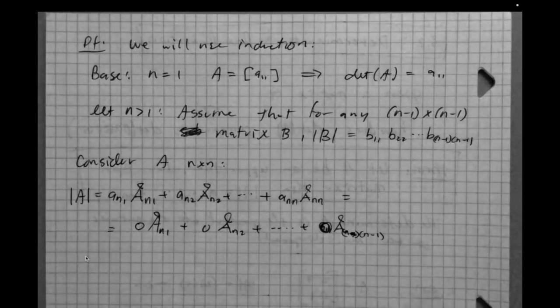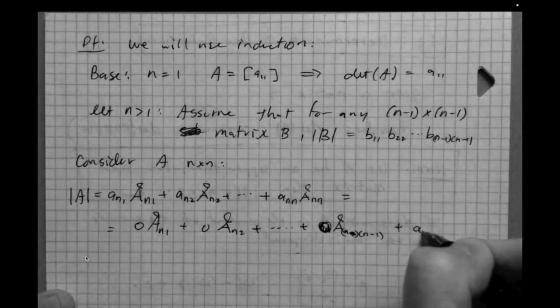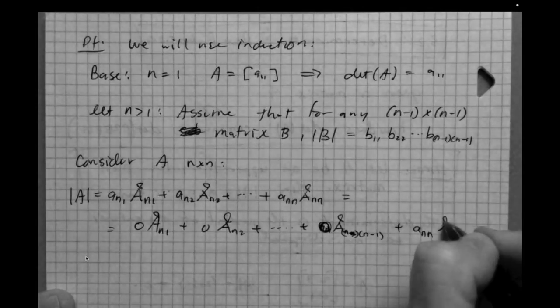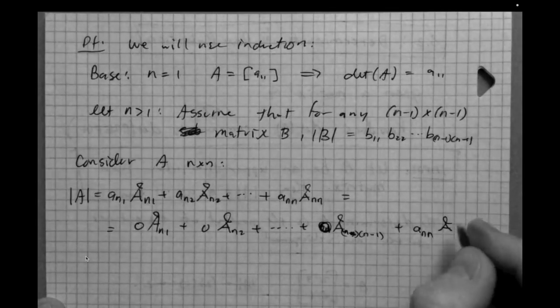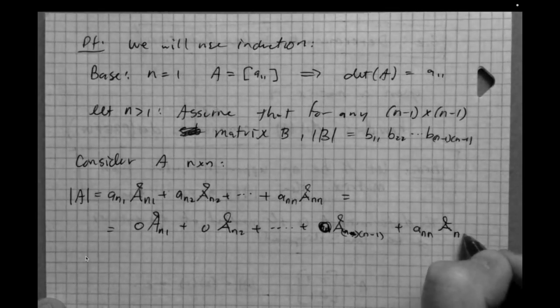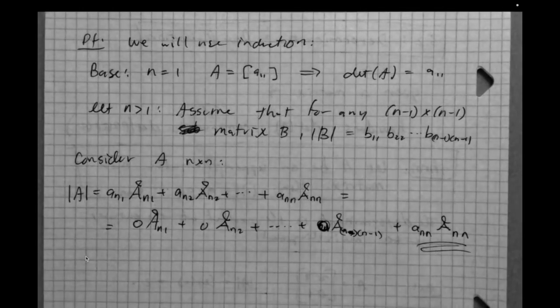Sorry about that. And plus, now the last entry is the one that's non-zero, right? Because this is the nth row, so it's the bottom row of the triangular matrix, and so that'd be ann. Okay, and so this is the one that matters in the determinant of A.